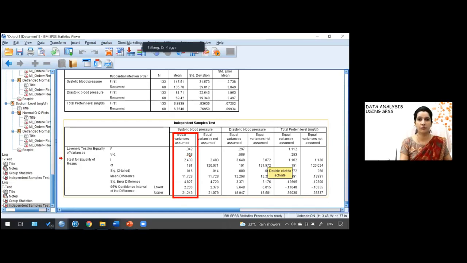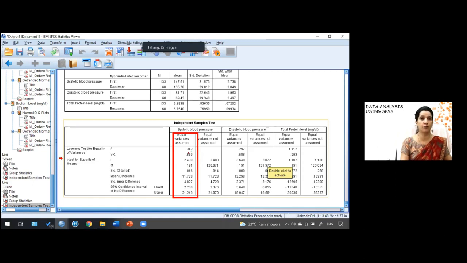If the value is more than 0.05, that means the equality of variance has been met. It is the same case with all 3 dependent, continuous variables, that equality of variances was assumed. That's why I'll take this value of t and confidence interval.